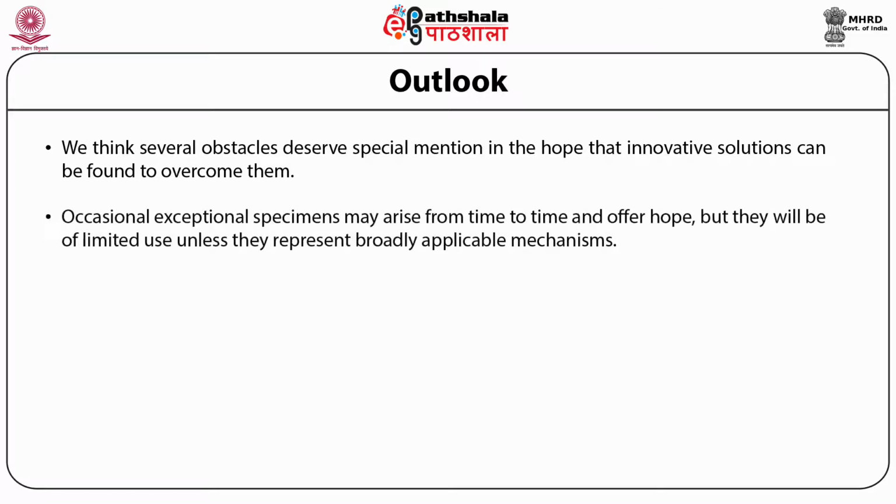Occasional exceptional specimens may arise from time to time and offer hope, but they will be of limited use unless they represent broadly applicable mechanisms. The application of metals to make conductive coatings or replicas presently has limited usefulness.